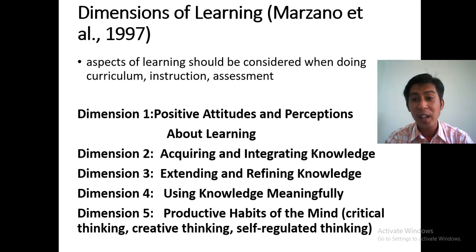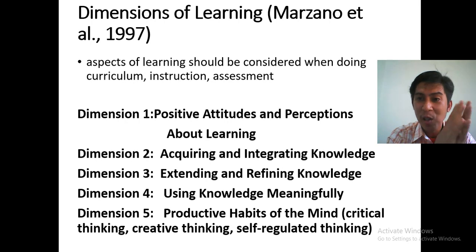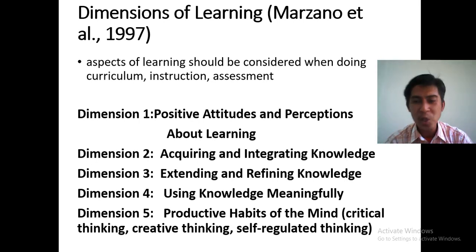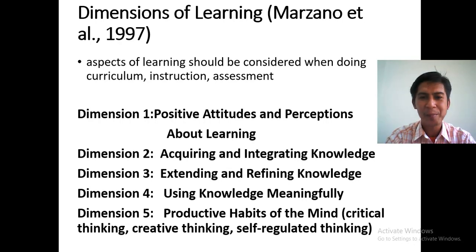Then using knowledge meaningfully, which is transfer of learning. Then productive habits of mind. Without productive habits of mind, critical thinking, creative thinking, self-regulated learning, that's also connected to dimension 1, which is positive attitudes and perceptions about learning.